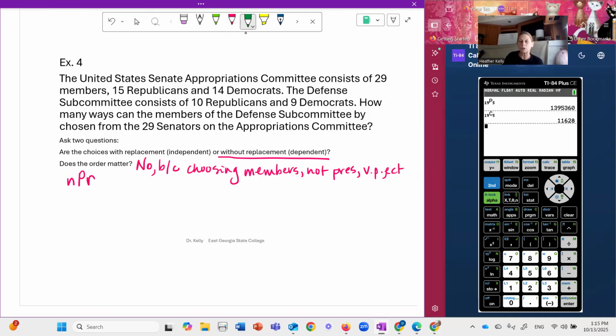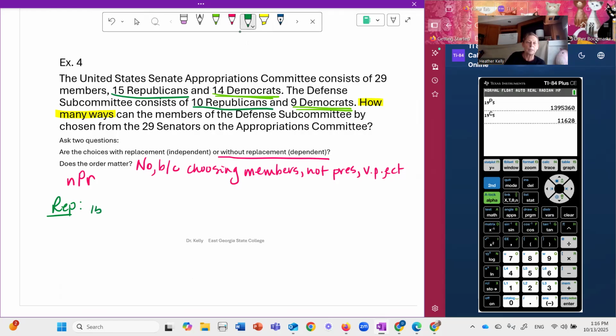Okay, now let's get back to the question here. Looks like we've got two of them to do. We've got a Republican situation, and we've got a Democrat situation. So we need to handle each one of those. Now, remember that this question is asking us just how many ways. So this is just a counting problem. All right. So first let's do the Republicans here.